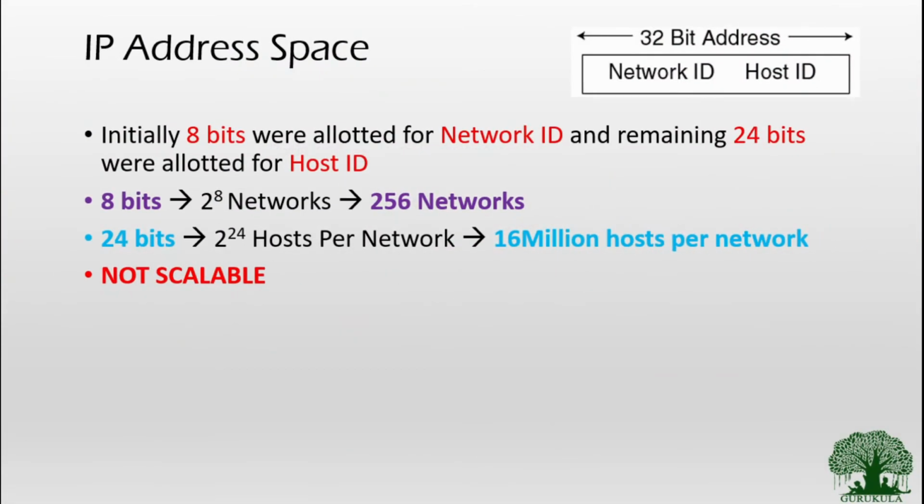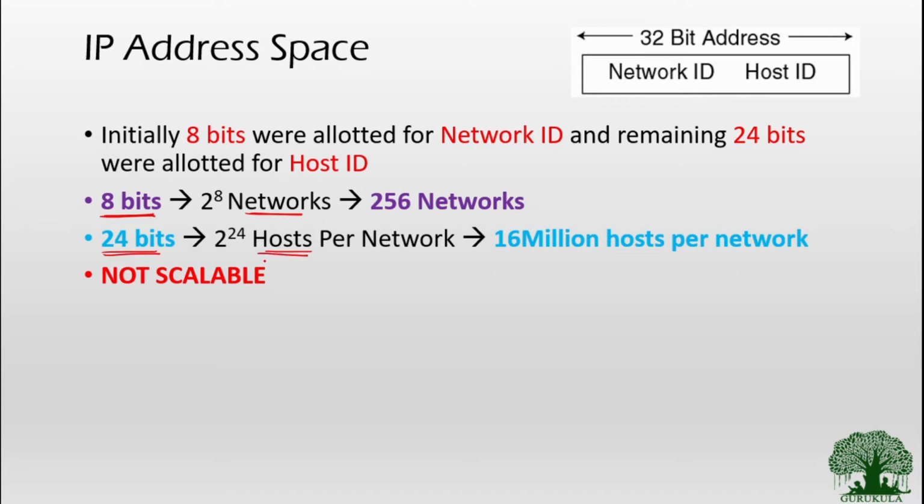Initially, when the IP addresses were introduced, it was blindly calculated that out of 32 bits, 8 bits were allocated to form the network, and 24 bits were allocated to form the host. So as you can see here, 8 bits are used to find the network, and 24 bits are allocated for the host.